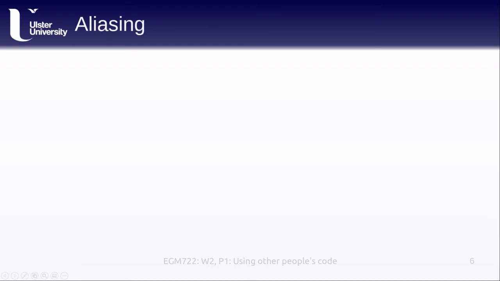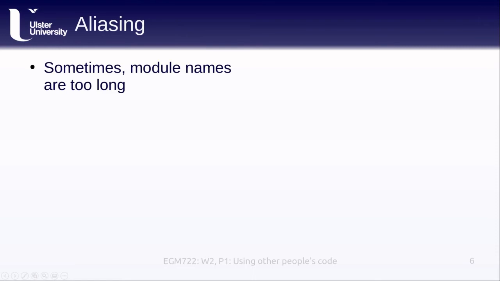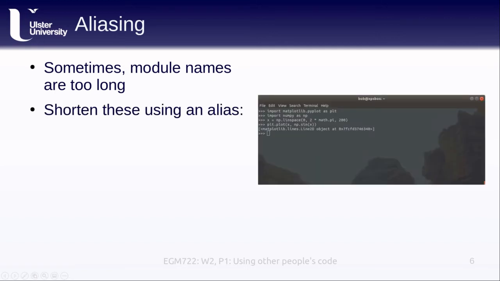Another thing that we can use to help us make our code a bit more readable is something called aliasing. So sometimes module names, especially when we're starting to use submodules and even sub-submodules of different things, we end up with very long strings. So we can shorten these using something called an alias. And the way that this works is that we say to import whatever the module or submodule is that we're trying to work with, and then we rename it as something else.